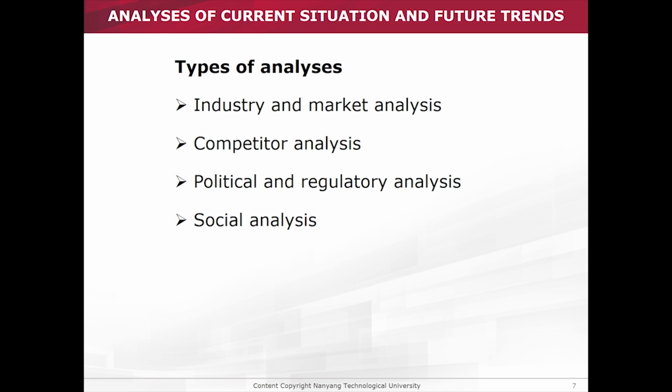Social interest groups analysis shows the customer, environmental, and similar activist groups that attempt to influence the industry. Human resource analysis shows key labor needs, shortages, opportunities, and problems for the firm and industry as a whole.